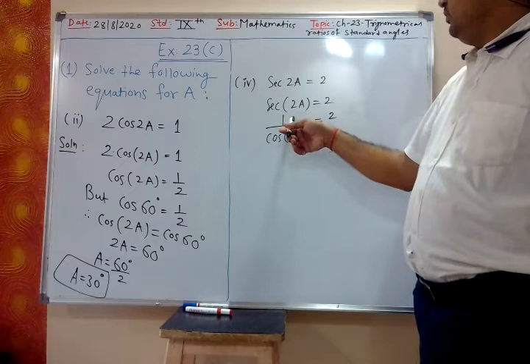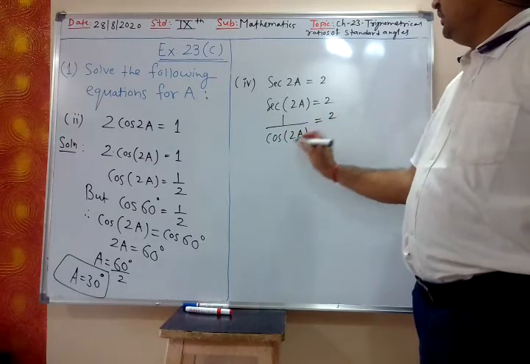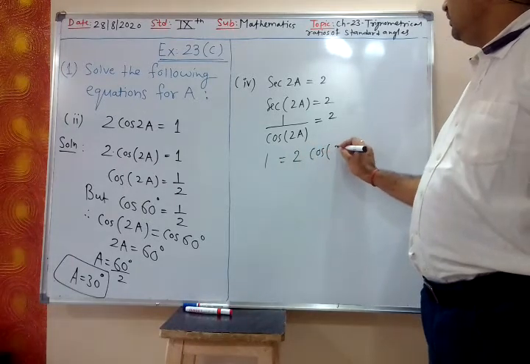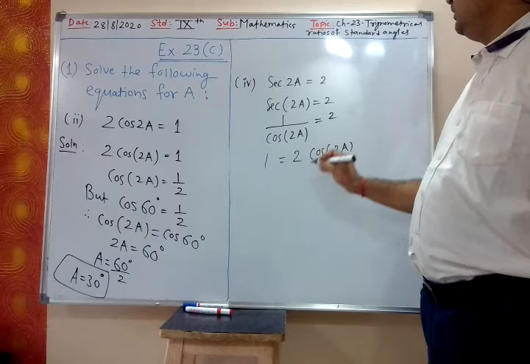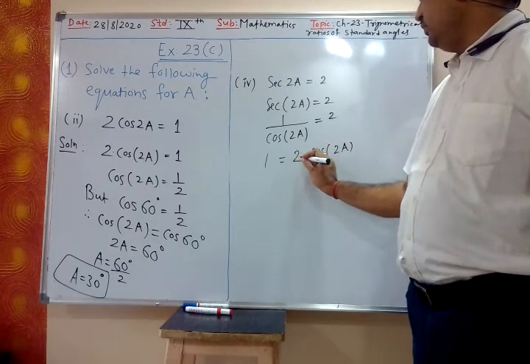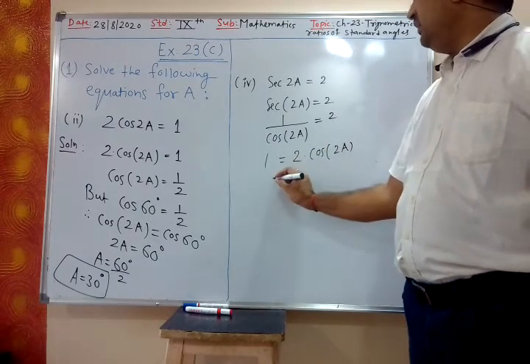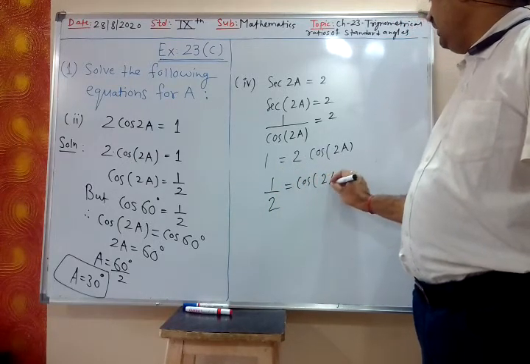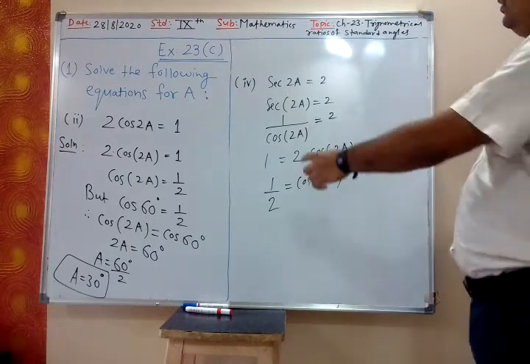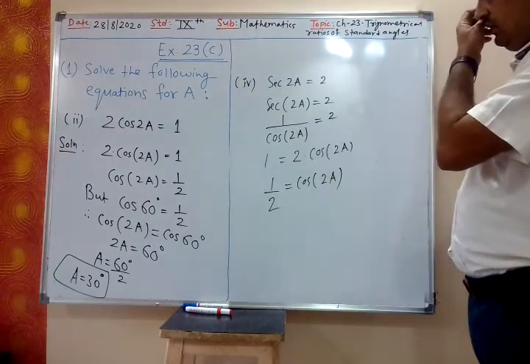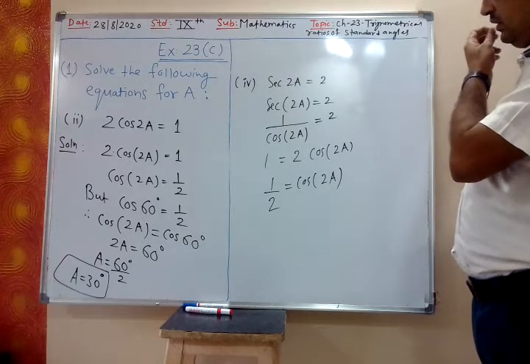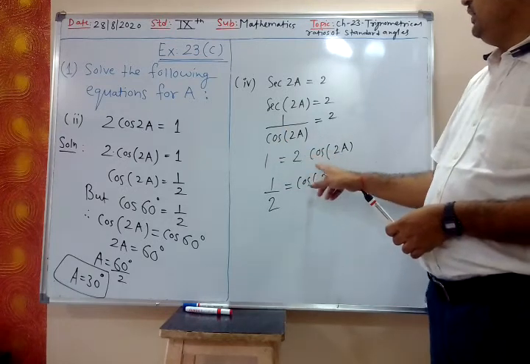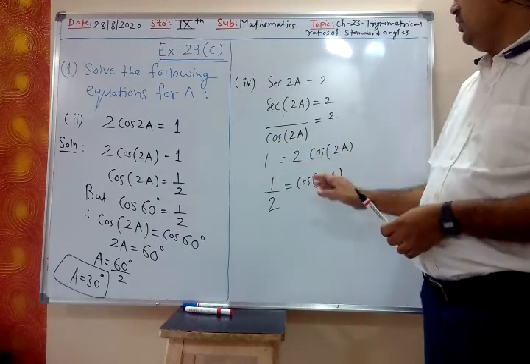Now I will cross multiply. So you will get 1 is equal to 2 cos 2A. Step by step we are going. 1 is equal to 2 cos 2A, so 1 upon 2 is cos 2A.